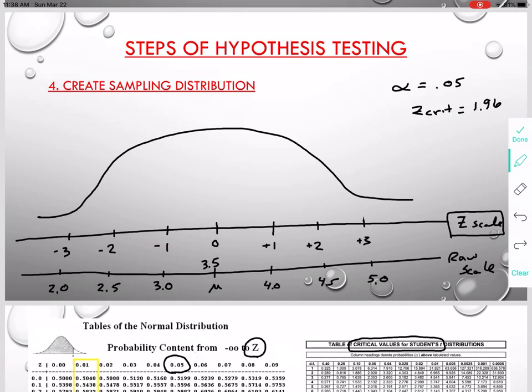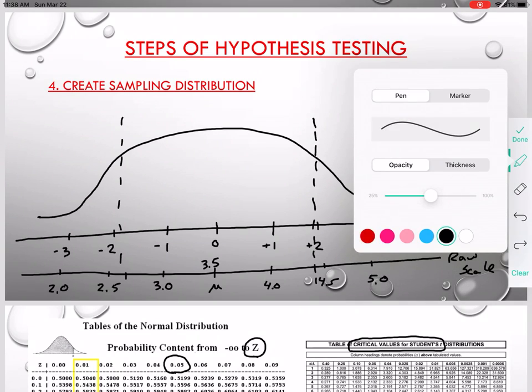Okay, so let's say that I get my critical value. Then I'm going to draw that in. My critical value for the z, so I'm going to use the standardized scale, is plus or minus 1.96. That's going to fall pretty close to the 2.